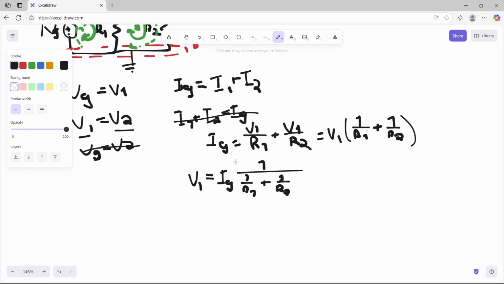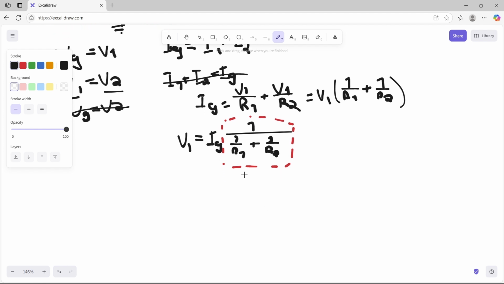Now, this relationship here, and I'm going to do it in red, this fraction here is going to be very important. It's what we define as the parallel resistance equation.